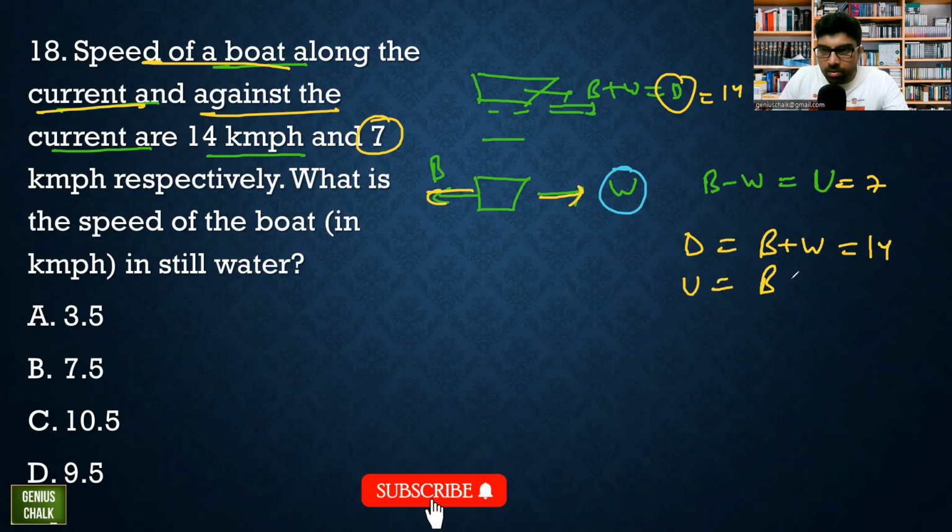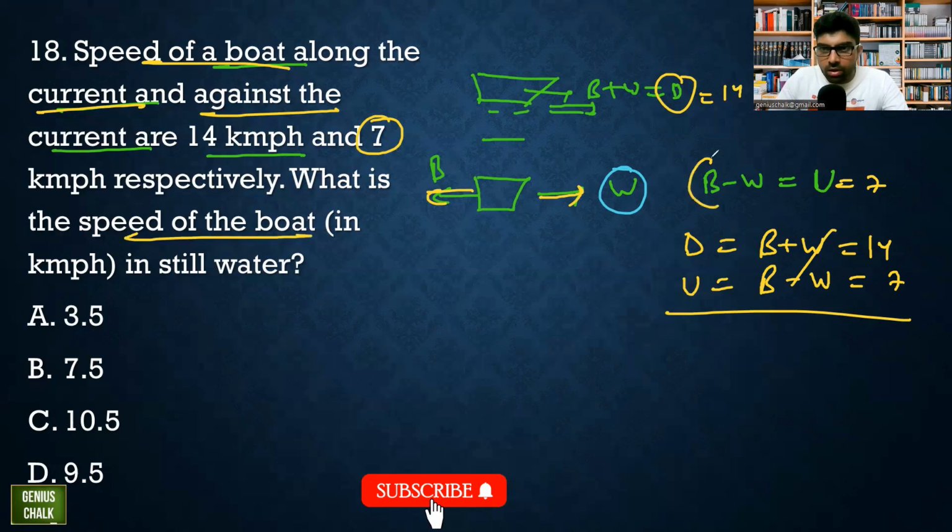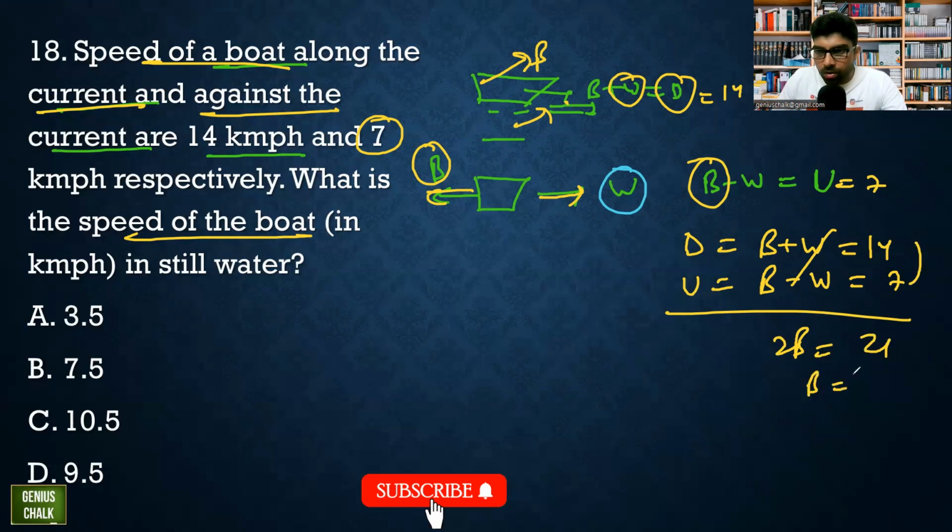Upstream is given, that means B minus W is 7. To find the speed of the boat in still water, B, like without water, the speed of the boat, and W means water speed, twice of B is the addition of these, 21. So B will be 21 by 2, that is 10.5, which is option C.